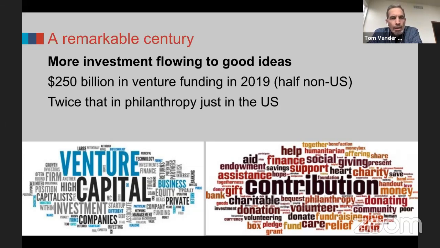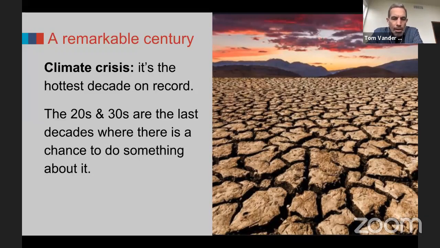And almost 500 billion in philanthropy will flow just in the United States. So the net of that is, if you have a good idea and you want to start a company or start a nonprofit or an initiative, it's much easier to get funding than it was 10 years ago.